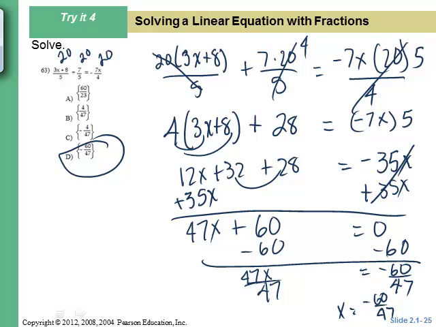I suppose we could put it into our calculator. Let's do that. So we're going to have a fraction here, aren't we? Clear. Let's see.